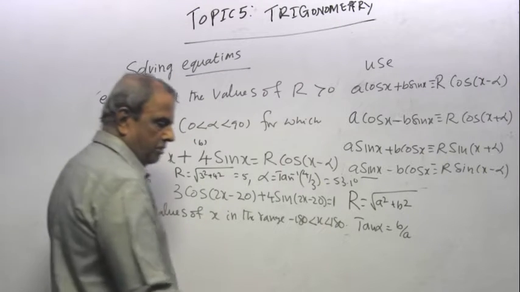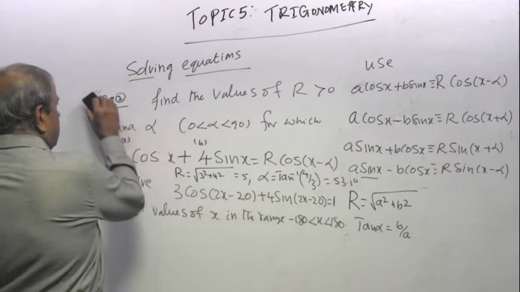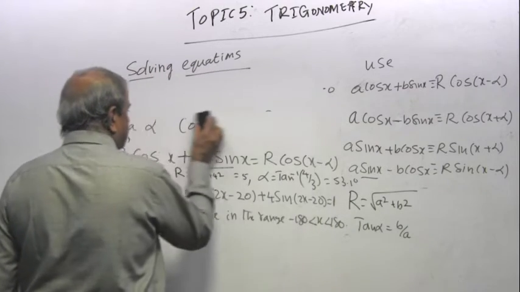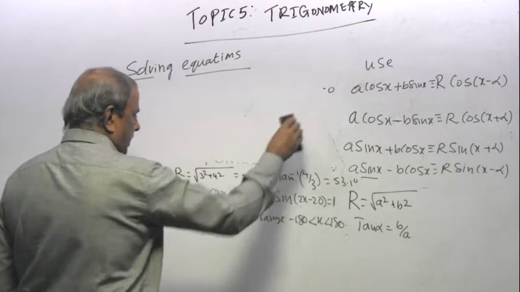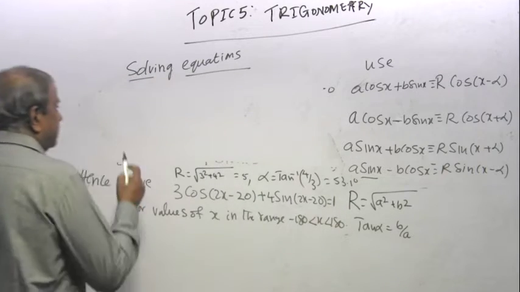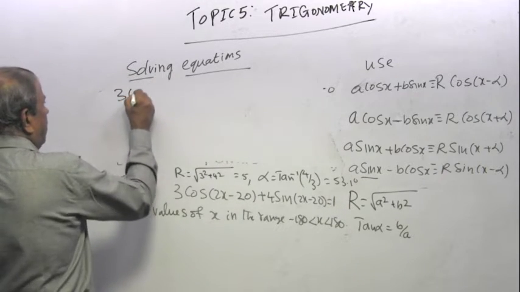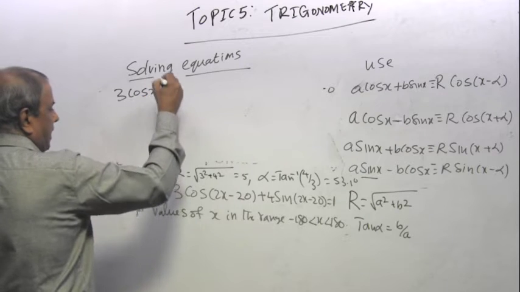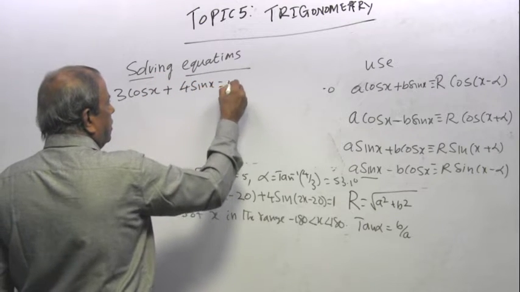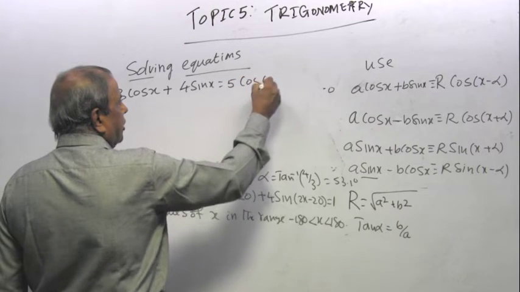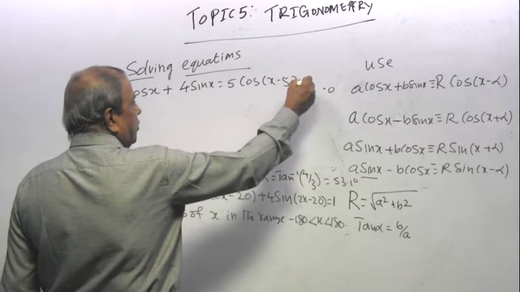So therefore, now I know that answer. R is 5. Okay. Now let me write this question. 3 cos x plus 4 sin x equal to 5 cos x minus 53.1.